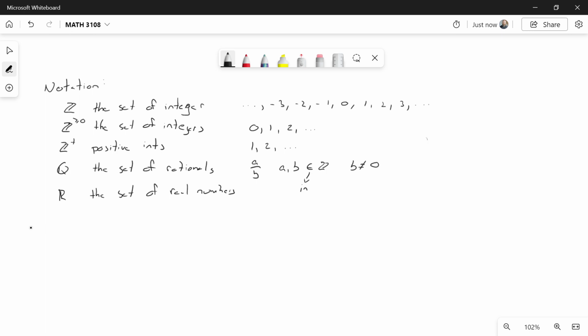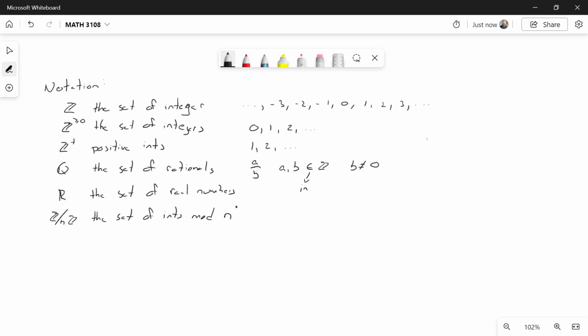We're not going to see these specifically in this class. We'll be using them in the next lesson. So this is Z mod nZ. This is the set of integers mod n. And if you don't know what that means, don't worry.